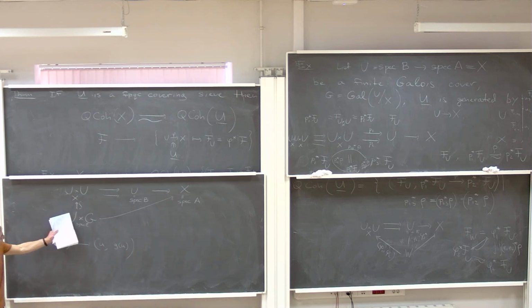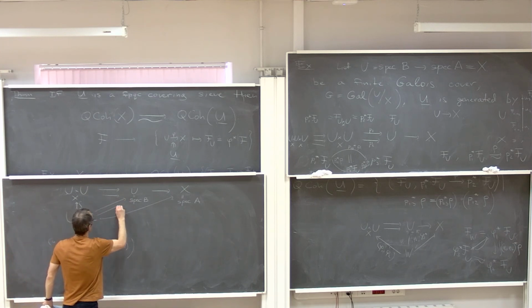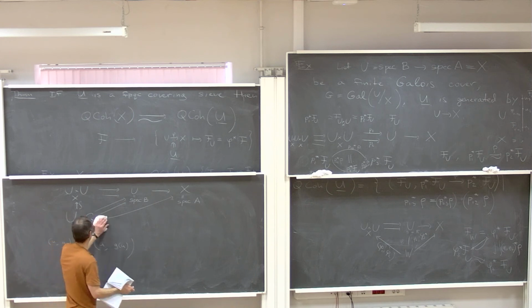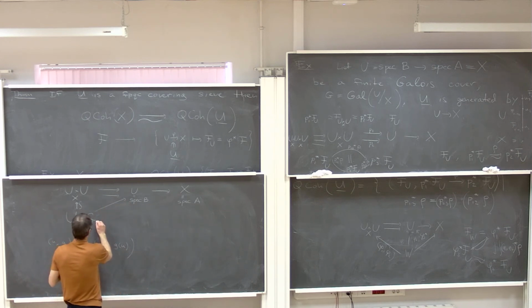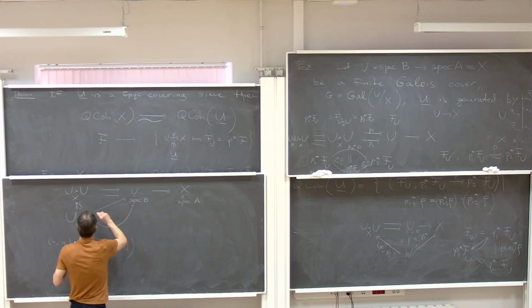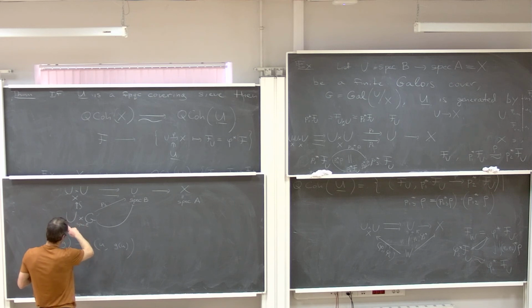So now what are these two maps here? One map is simply the projection, P1. Another map is the action map.